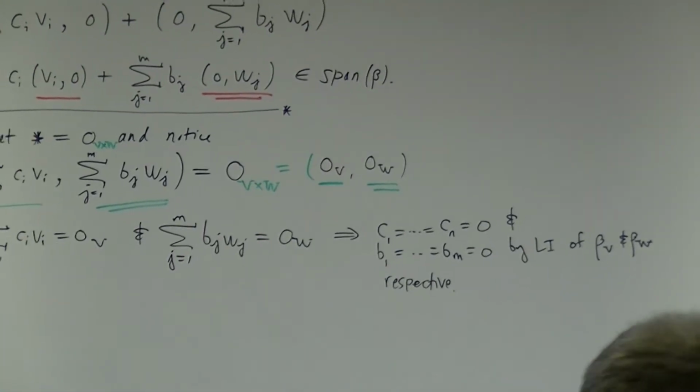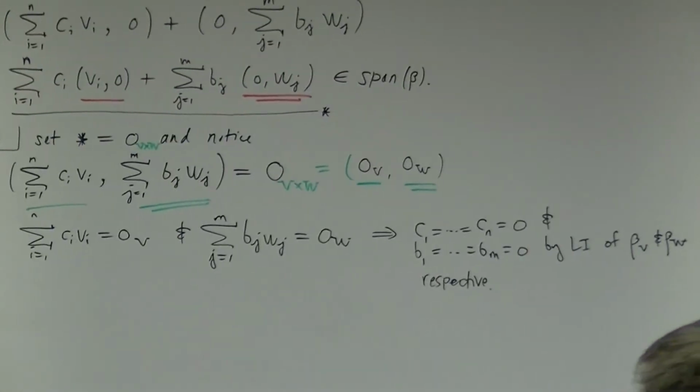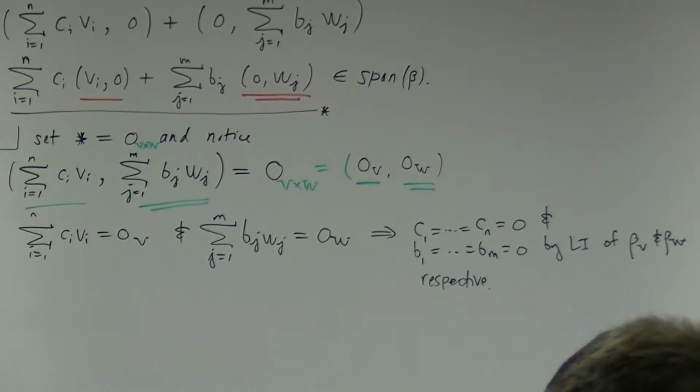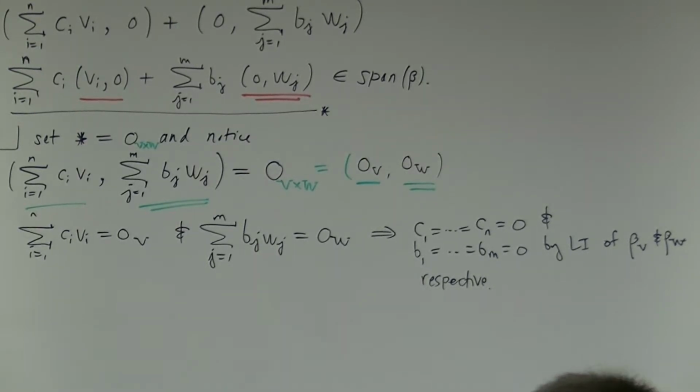Now there's some silver lining in this argument. What do we get to say about the dimension of the Cartesian product of V and W as it relates to V and W? Would it be equal to the dimension of beta V plus beta W? I don't know what the dimension of a basis would mean. I can talk about dimension for a vector space, and by the same token a subspace, after all, is just a vector space.